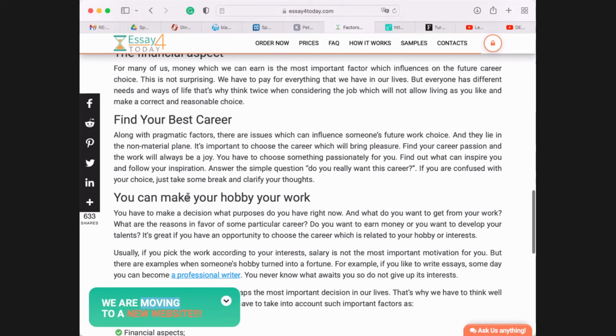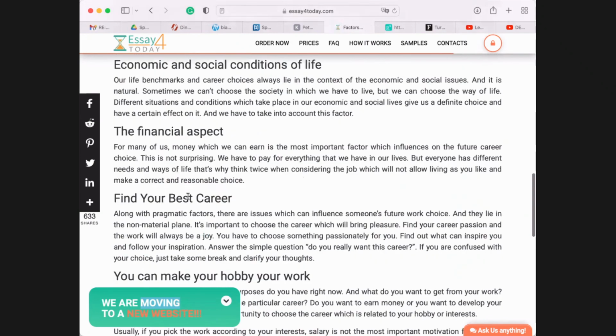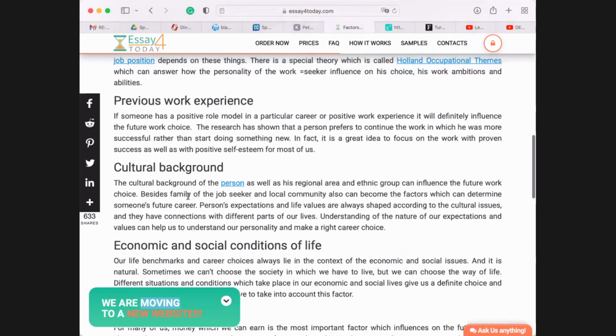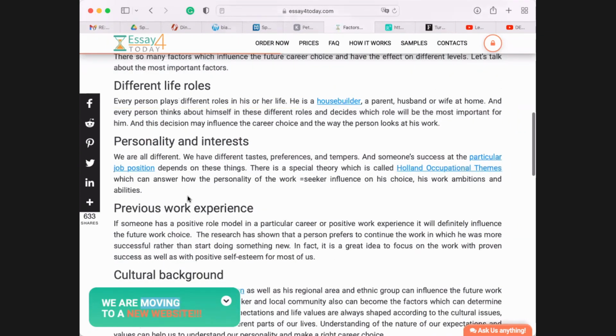Which criteria do you find the most influential? There was a criteria about personality or something like that. Personality and interests, yeah. This, in my opinion, is the most important. But in general, when you chose your future profession, what did you take into account?